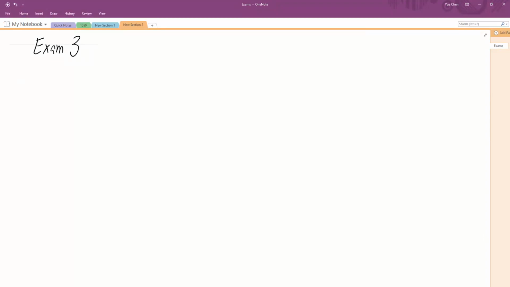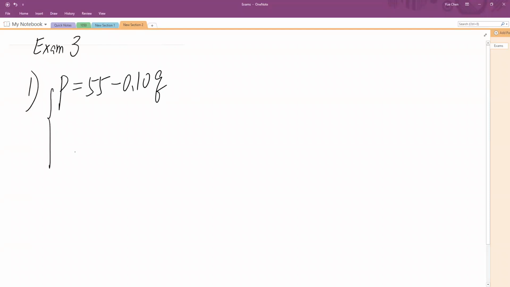For the first problem, this is P equals 55 minus 0.10 Q. This is the demand equation, and P represents the price and Q represents the quantity, right? And we have another one, which is the supply equation, which is P equals 0.02 Q plus 25.